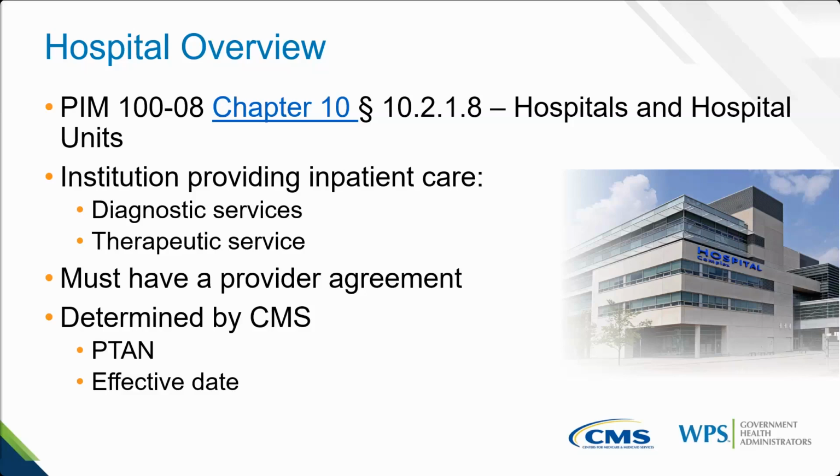This is one of the larger differences between enrolling somebody on the Part B side and enrolling a hospital or honestly any other Part A provider. That PTAN, that CCN, and effective date are determined by CMS and not the MAC during the enrollment process.